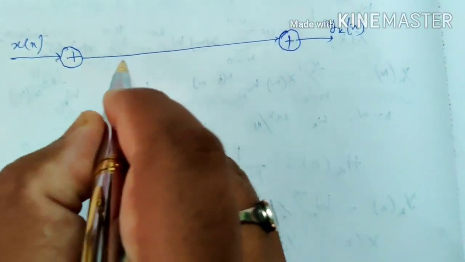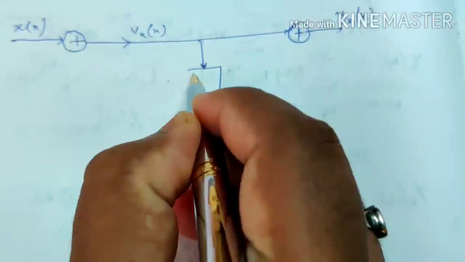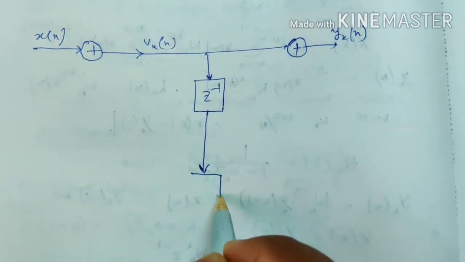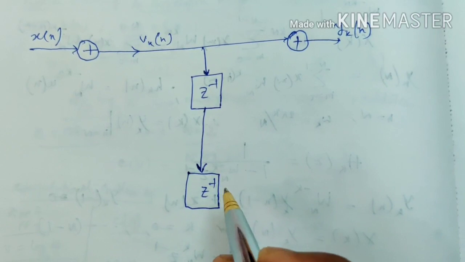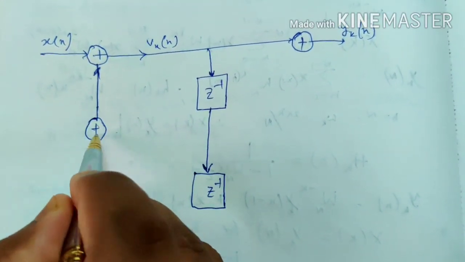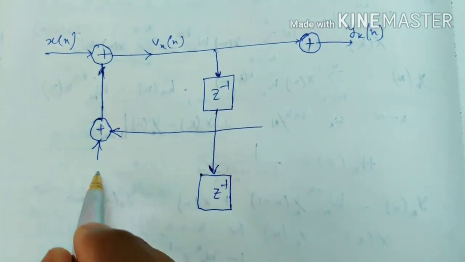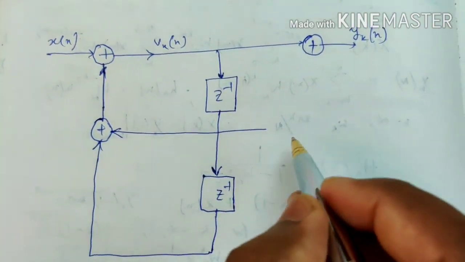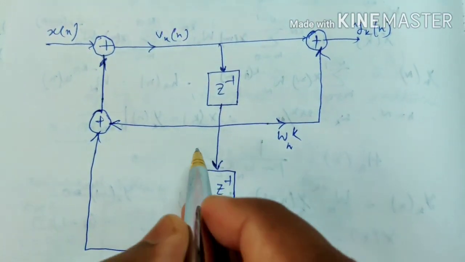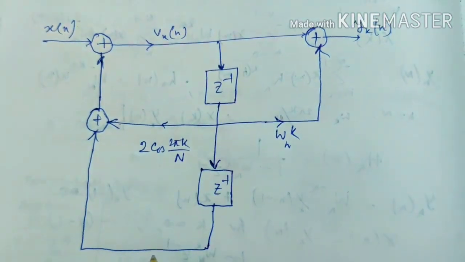That is input sequence x(n), output is V_k(n), that is z to the power minus 1, that is multiplied with W_N^k, and that is 2 cos(2 pi k by N), and that is multiplied by minus 1.